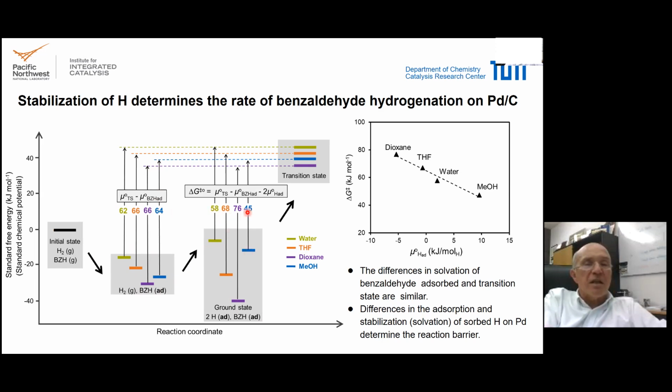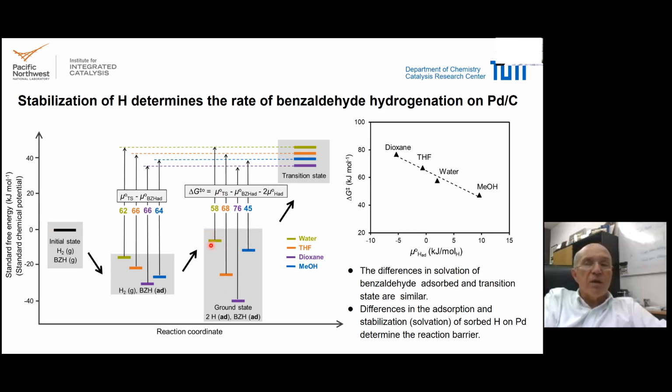And here you see that this difference really shows back in the difference of the standard free energies, both in the transition state versus in the adsorbed state for the hydrogen. So it is the hydrogen here that dominates and that has a much higher stability in the case of dioxane, and a much lower stability in this particular case of water.